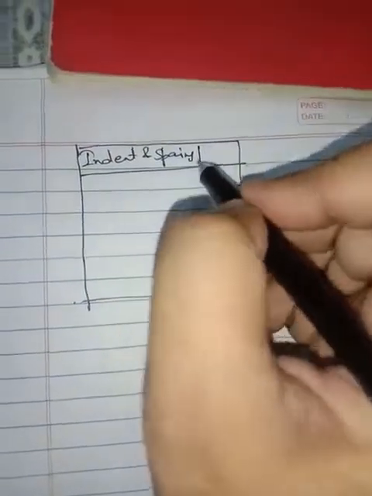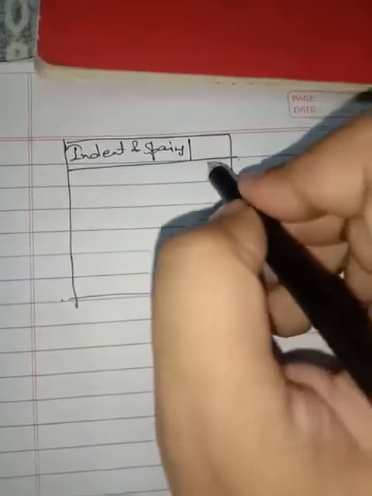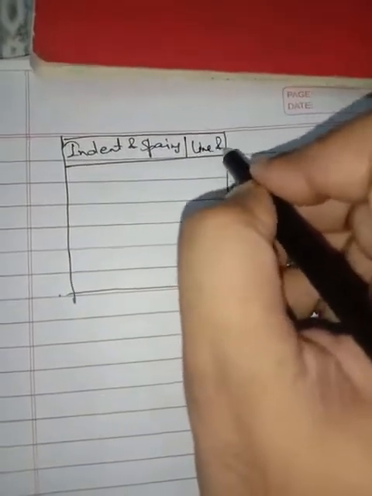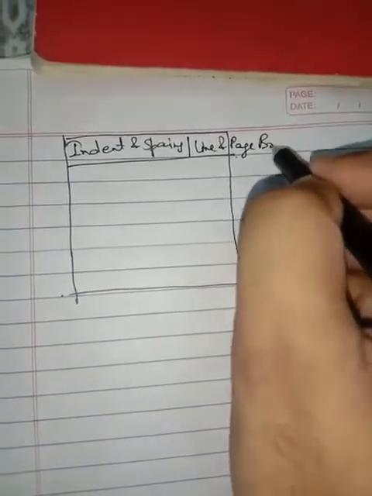Here we will have two options. The first is indent and spacing, and the second is line and page break.